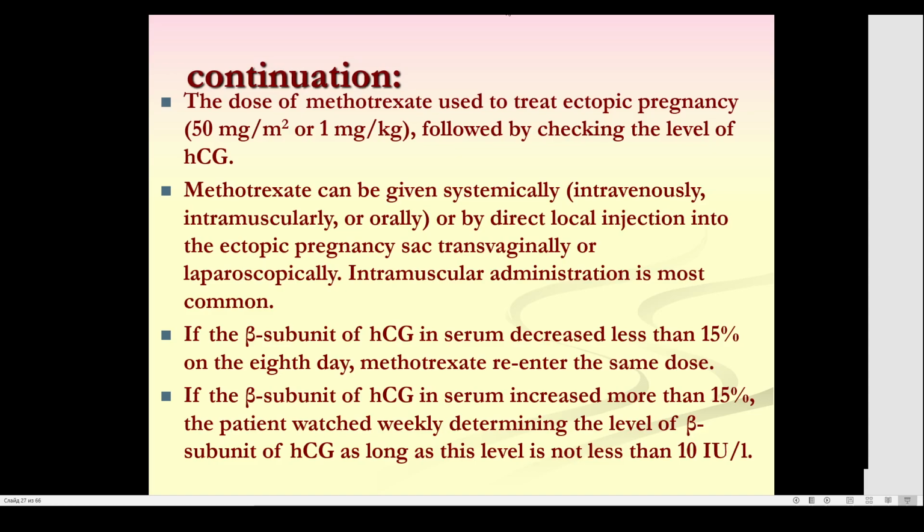If the beta subunit of HCG in serum decreased less than 15% by the 8th day, methotrexate is re-entered at the same dose. If the beta subunit of HCG in serum increased more than 15%, the patient is watched weekly, determining the level of beta subunit of HCG as long as this level is not less than 10 international units per liter.